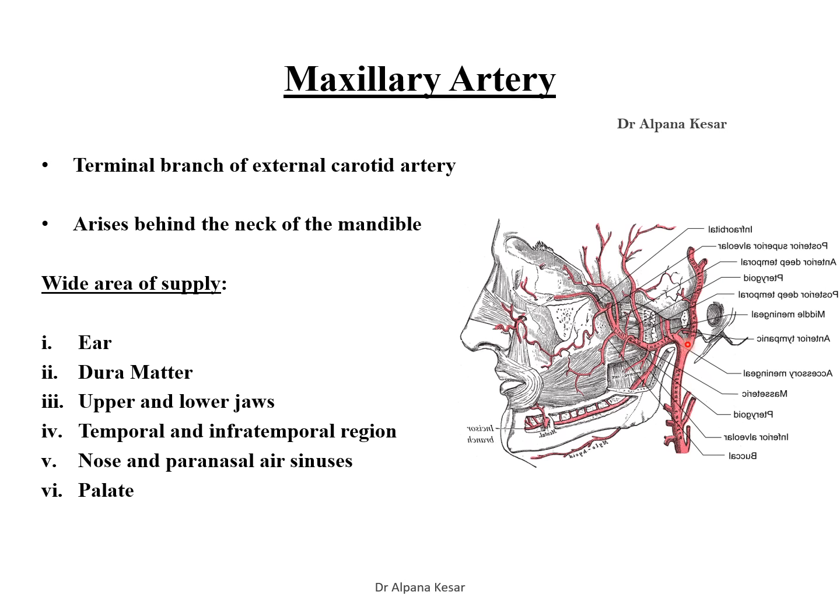In the infratemporal fossa, maxillary artery gives numerous branches. Via its numerous branches, it has a wide area of supply, and it supplies ear, dura mater, upper and lower jaws, temporal and infratemporal regions, nose and paranasal air sinuses, and palate.